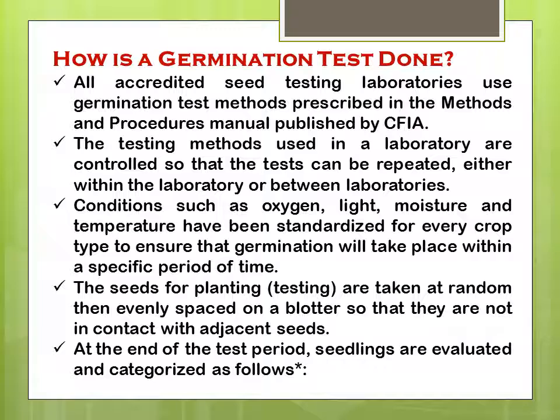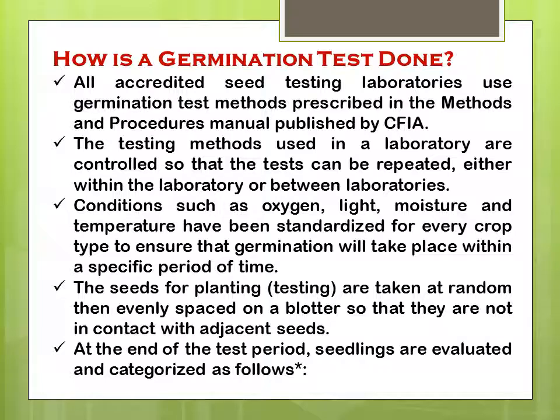That's why you have to standardize the oxygen, light, moisture and temperature, and that's why using a seed chamber or seed germinator is very important. You can grow seed outside also, but in a germinator you have all the controlled conditions, and it should have all the favorable conditions for germination of the seed.